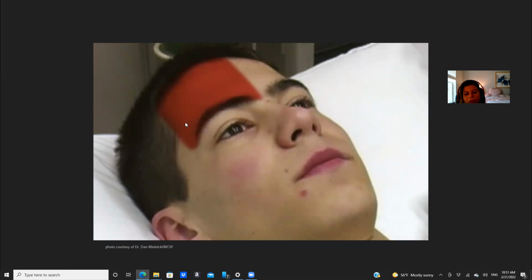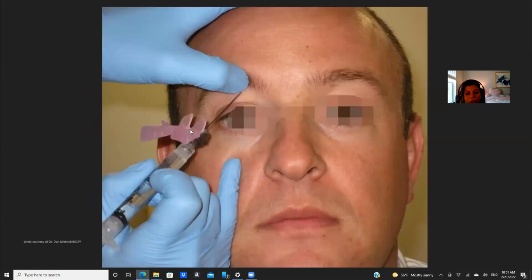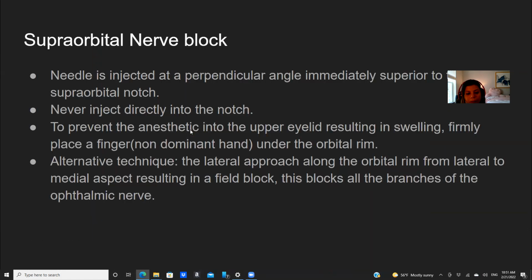There is another technique. It's a field block. Let's say you did a supraorbital nerve block and you did not achieve anesthesia. There's another technique, and it's a lateral approach.